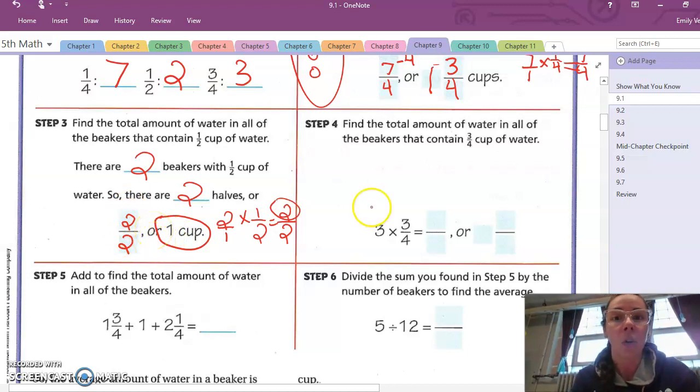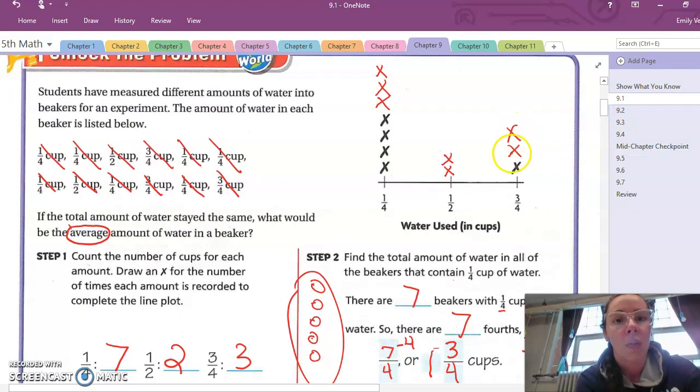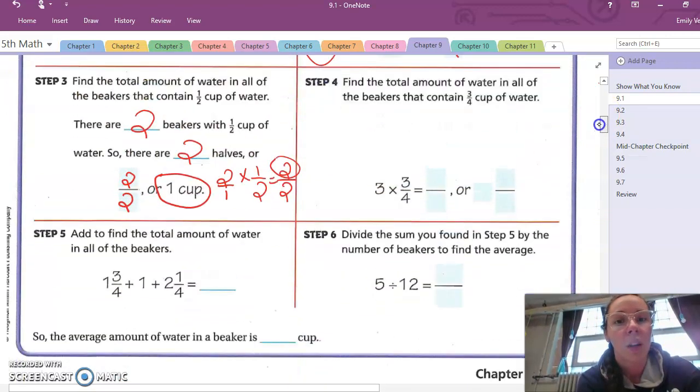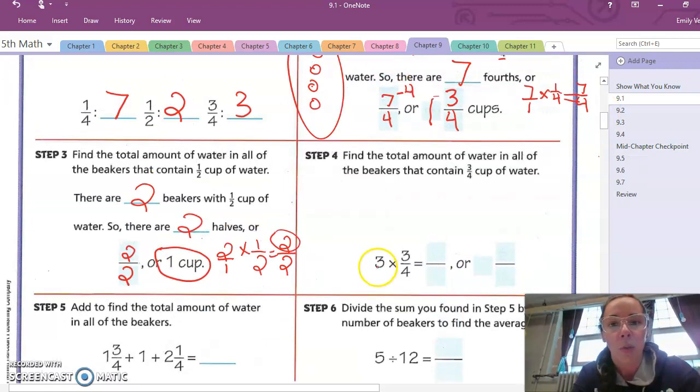Okay, step 4. Find the total amount of water in all of the beakers that contain 3/4 cup of water. Now they're wanting you to do it by yourself. What do we do to figure this out? They kind of wrote down the multiplication for you already. If we look up at our chart, there were 3 of those, which is where this number came from. 3 times 3/4.